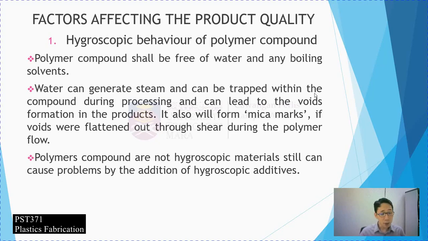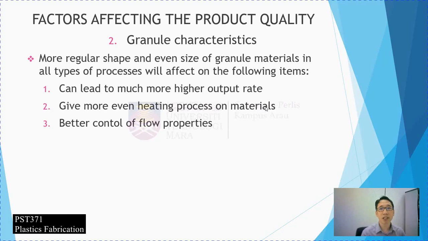So as we know, at higher temperature the liquid will start to evaporate first, okay, and the gas entrapped in the raw material will produce these defects, such as void, mica mark, etc. Okay, next, the second one is granule characteristic.